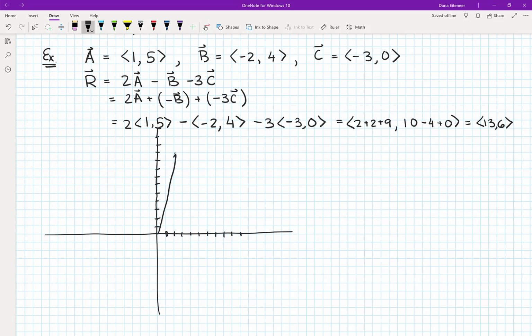So here is my vector 2a. Okay, and then my vector negative b, so I'm going to put the tail of that to the tip of this previous one. So negative b is going to be 2, negative 4. So from the tip of 2a, 1, 2 to the right, and then 1, 2, 3, 4 down, like this.